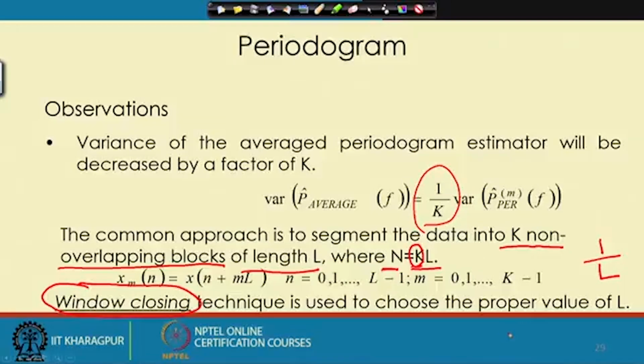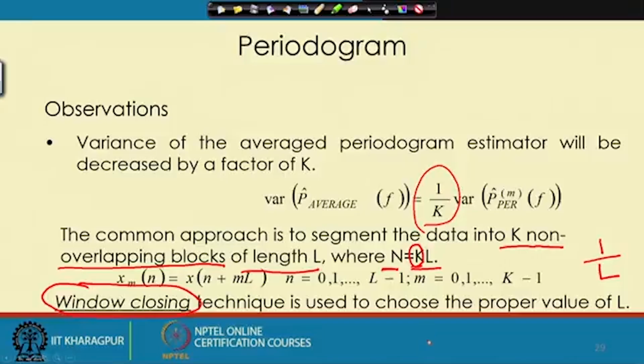After that, we keep on increasing k, from 1 to 2, 3, 4, so L decreases, and we see how the PSD changes, and we continue till it becomes smooth.